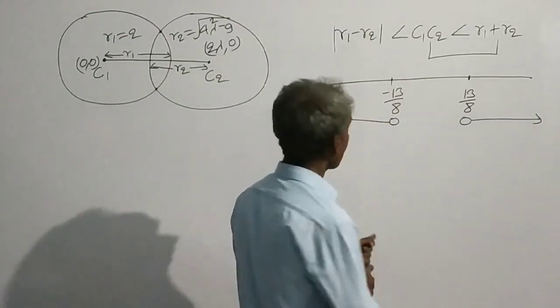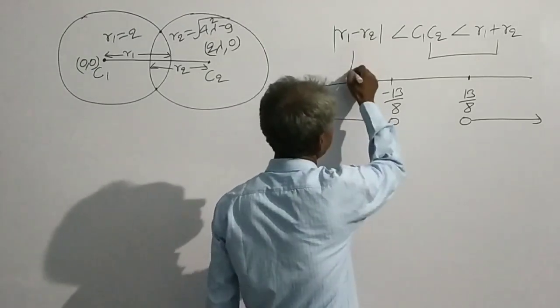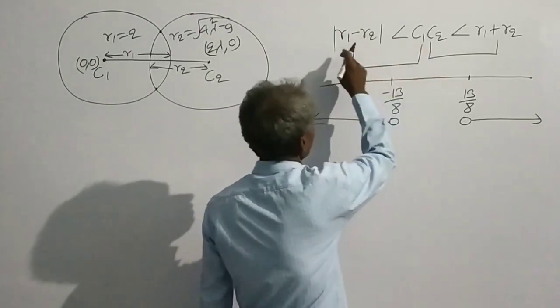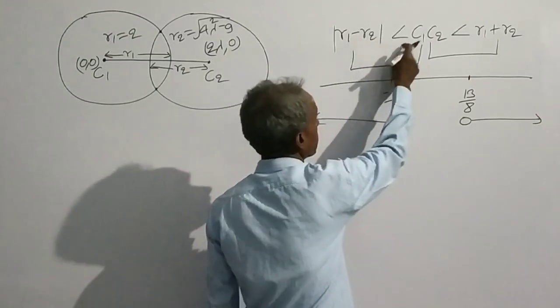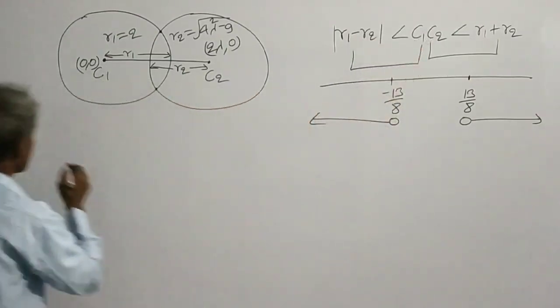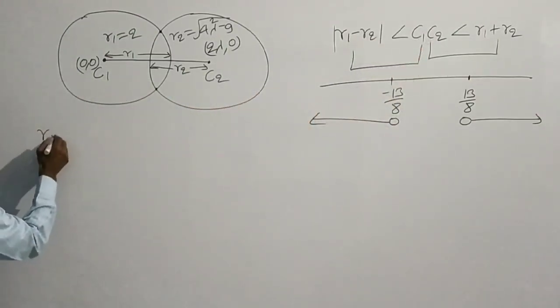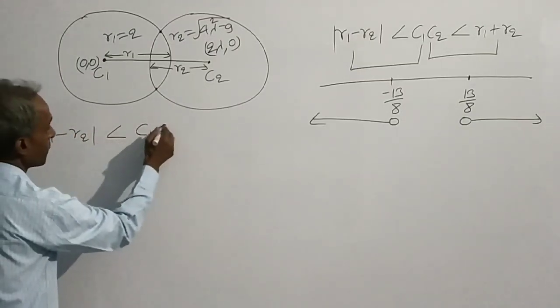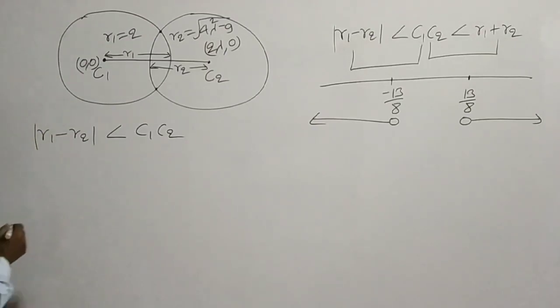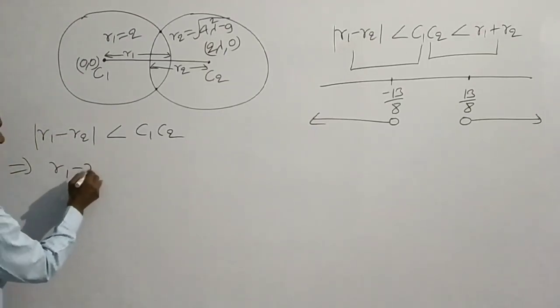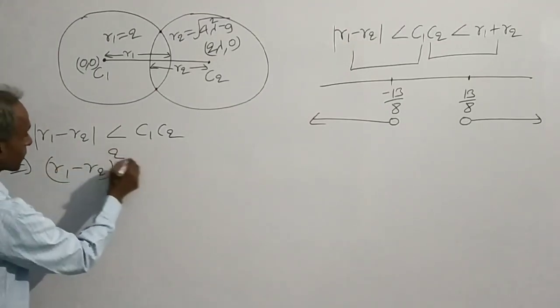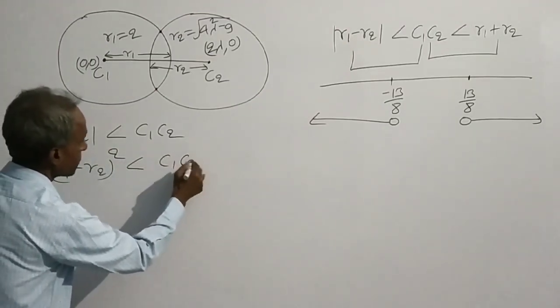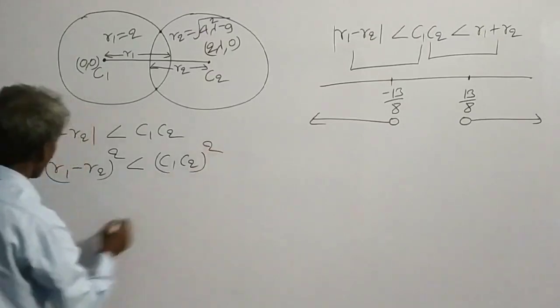Now we consider this condition. Mod of R1 minus R2 is less than C1 C2. Squaring both sides, we get (R1 minus R2) square less than (C1 C2) square.